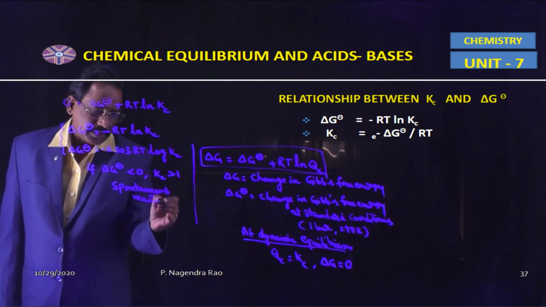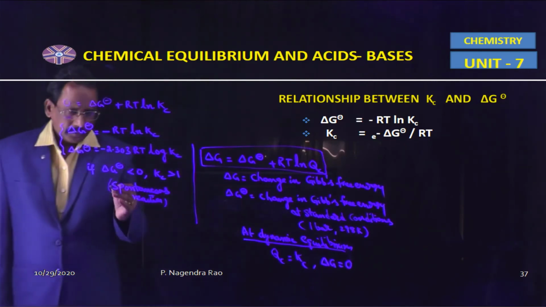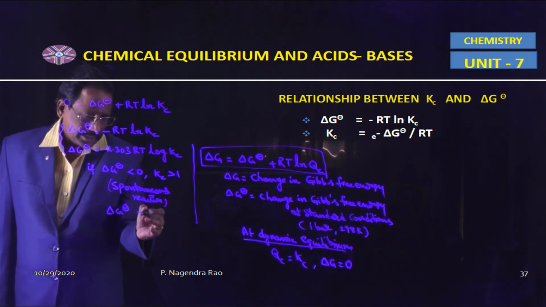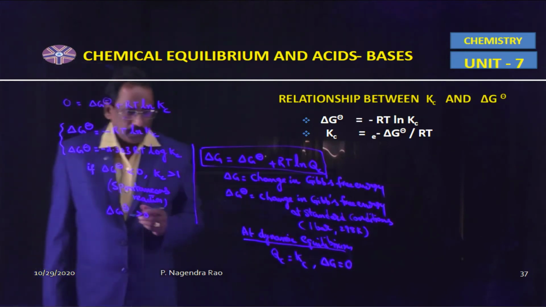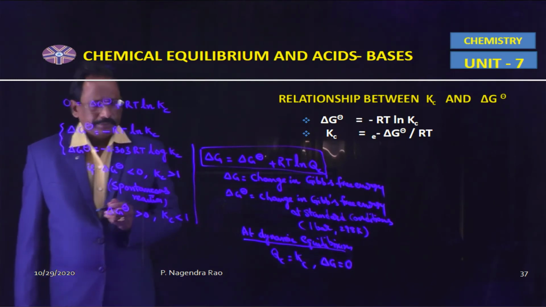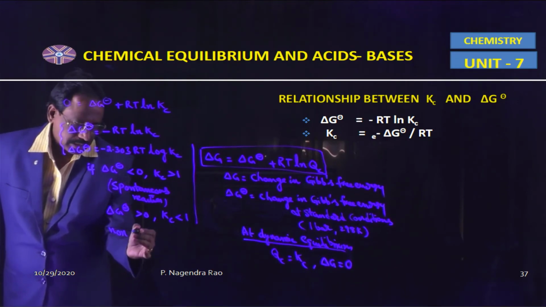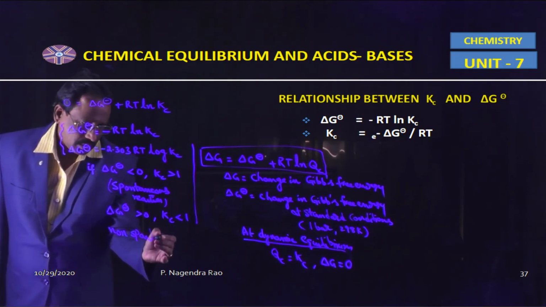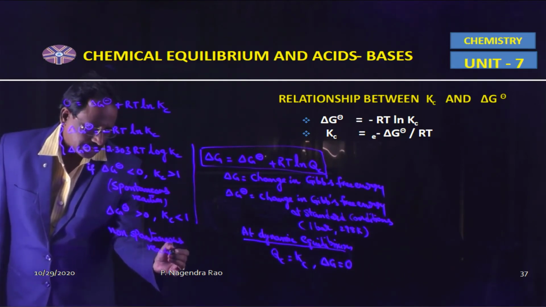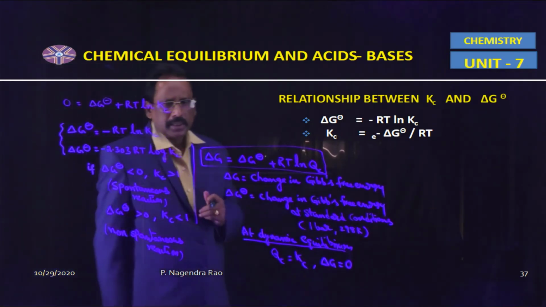Spontaneous reaction means in that forward reaction, the product's active mass is more. If delta G is greater than 0, if it is positive, and Kc is less than 1, that indicates the opposite of spontaneous. That is an example of a non-spontaneous reaction. Non-spontaneous reaction means the product's active mass is less.